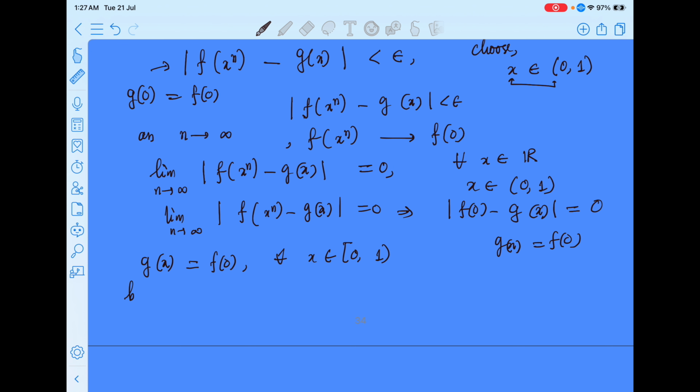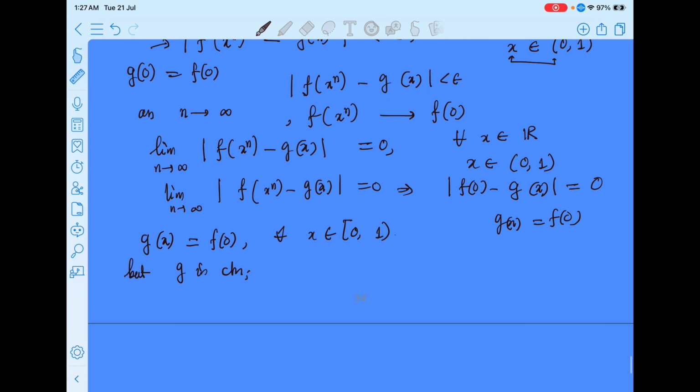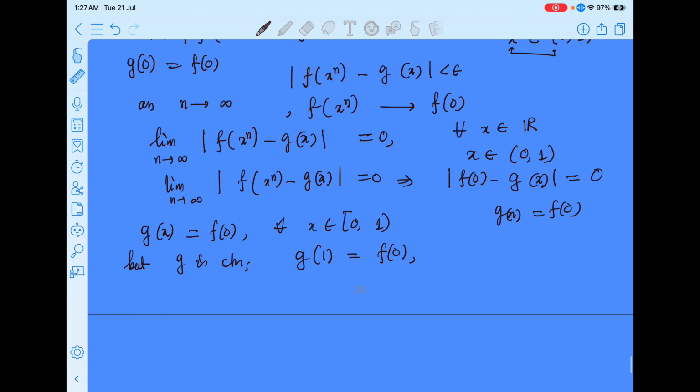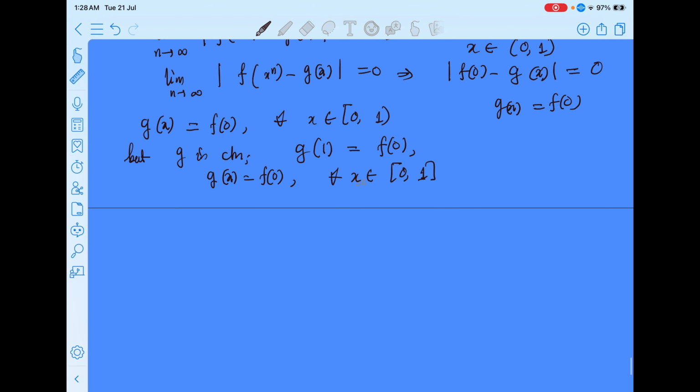But g is continuous, so g(1) is also f(0), right? Just take a sequence that tends to 1 and apply continuity. So g(x) equals f(0) for all x inside the closed interval [0, 1].